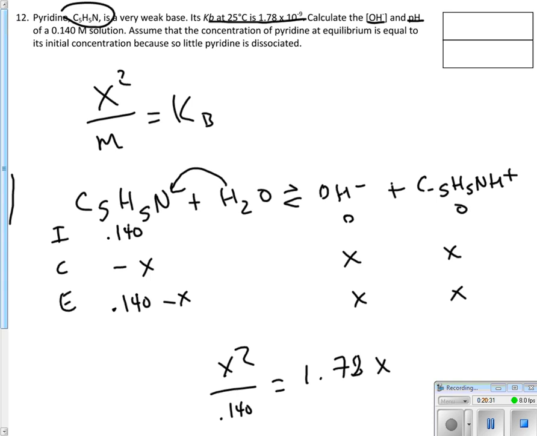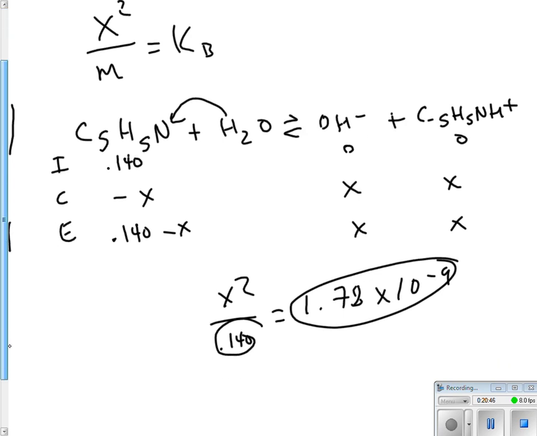So whatever that comes out to be is going to be 0.140 times 1.78 E negative 9. Take the square root of it. So then I get that. X ultimately, when I take the square root of that, I get 1.58 times 10 to the negative 5th.